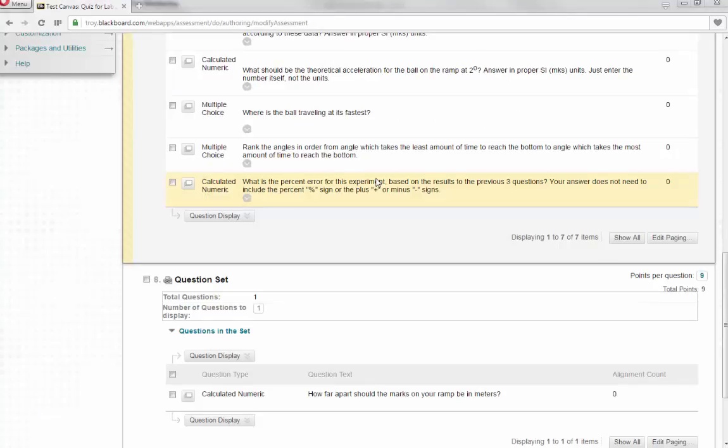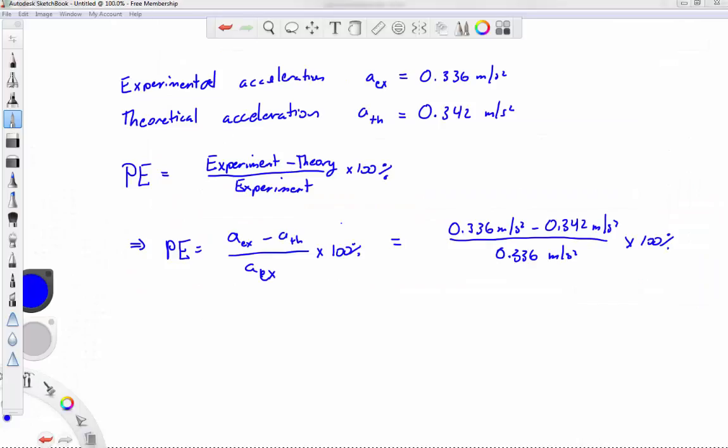You should have noticed when reading this question that it states you don't need to include the percent sign or the plus or minus signs in your answer. The reason for this is that the actual way to get a percent error is that you take the absolute value of this difference, and so that means that any difference is either positive or zero, because the absolute value of any real number is itself a positive number.